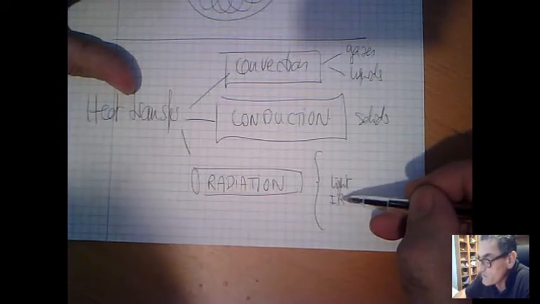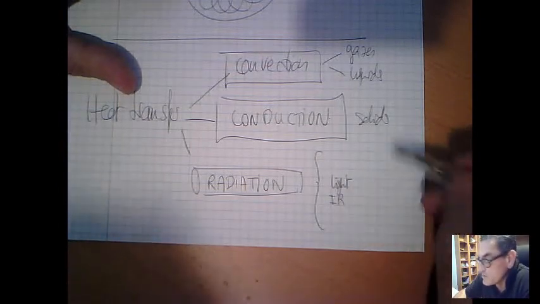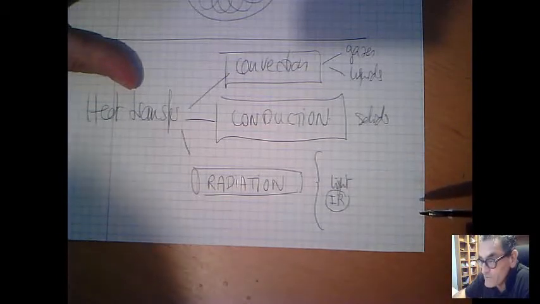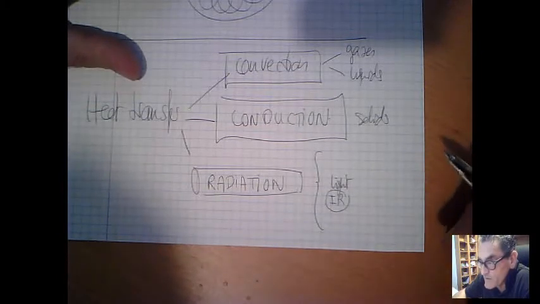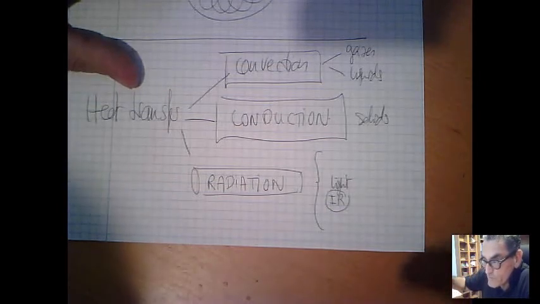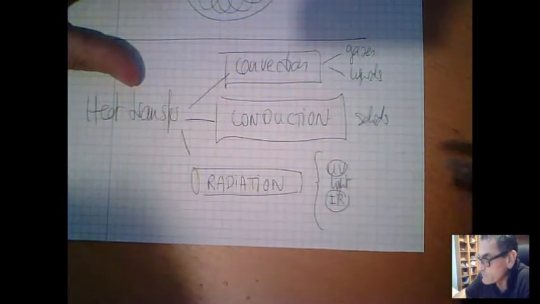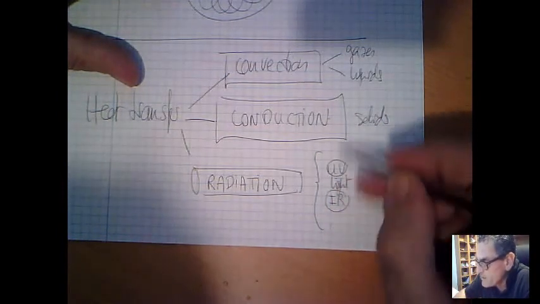Okay, it's infrared because it's below the red color. And these rays, they can heat up. You know very well in the cafeteria, they have infrared bulbs over the food to keep it warm. Okay, and then there is UV, ultraviolet, and then there are many other things.